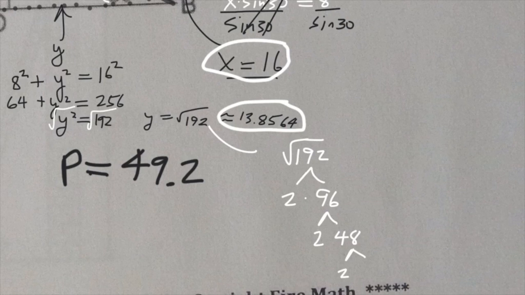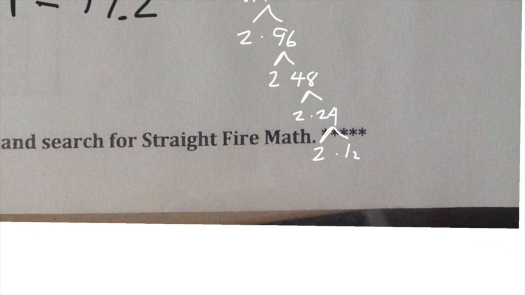And I can do 2 and 24 with that. And I'm not really seeing any perfect squares in my factor tree, so I'm just going to keep on going. So 2 times 12, and then the 12 you can rip it apart into 2 times 6, and the 6 you can break into 2 times 3.